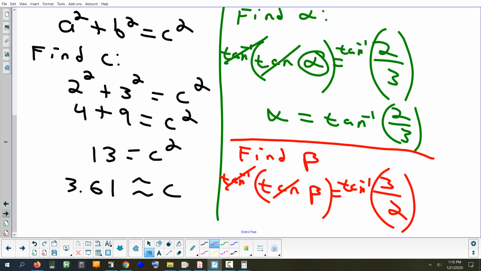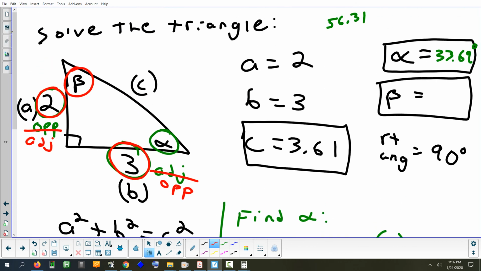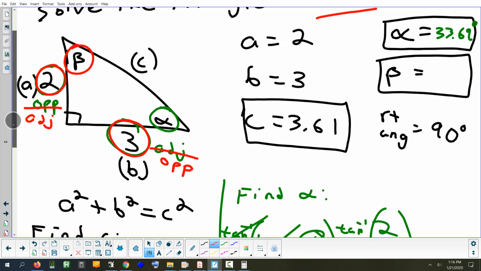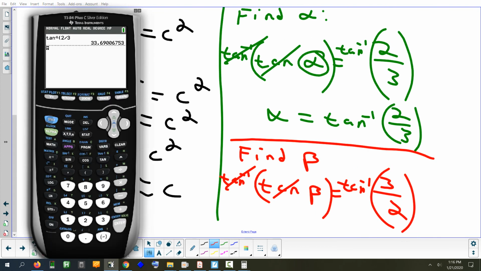And we're going to type in inverse tangent of 3 over 2. Now let's scroll back up. It should come out to 56.31. Let's try it and see. So second inverse tangent, 3 over 2, 56.31. Since I got the same answer doing it 2 different ways, that pretty much guarantees that I did it correct.